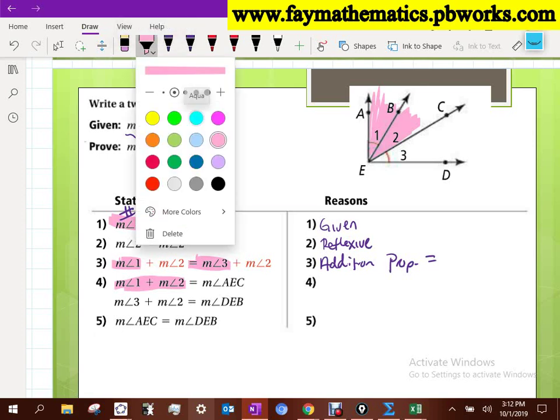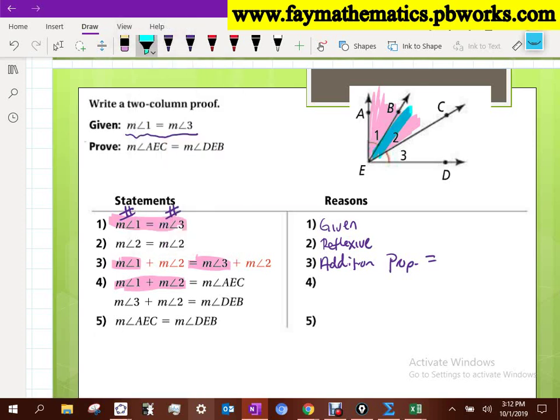The next one, I'm going to look at 2 and 3. Would you agree that 2 plus 3, looking at my picture, does give me angle DEB? Okay, are we adding angles there? Okay, and if I'm adding angles to get a third, that's the angle addition postulate. Okay.